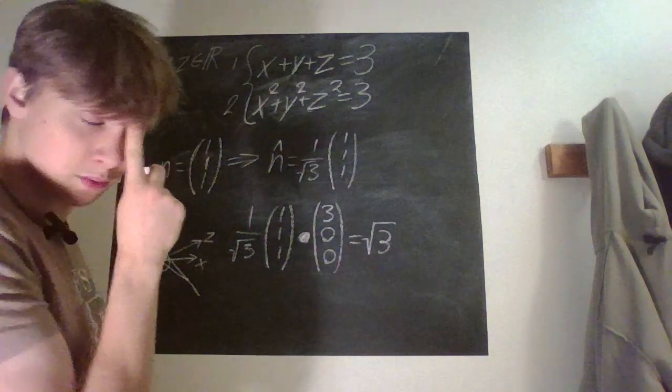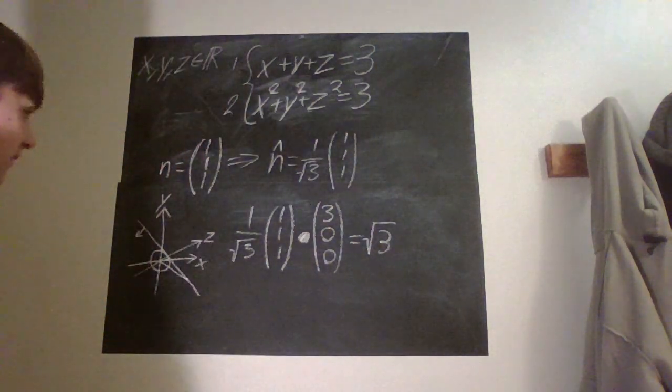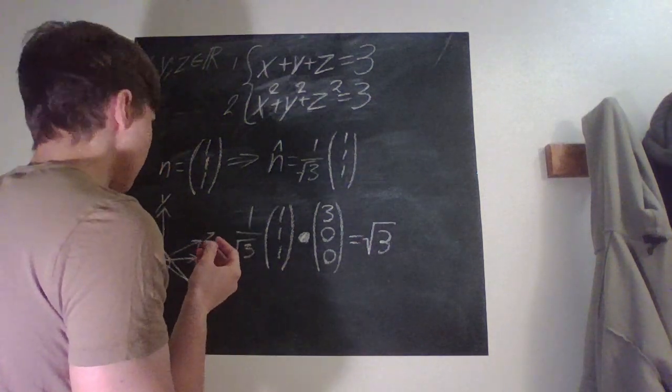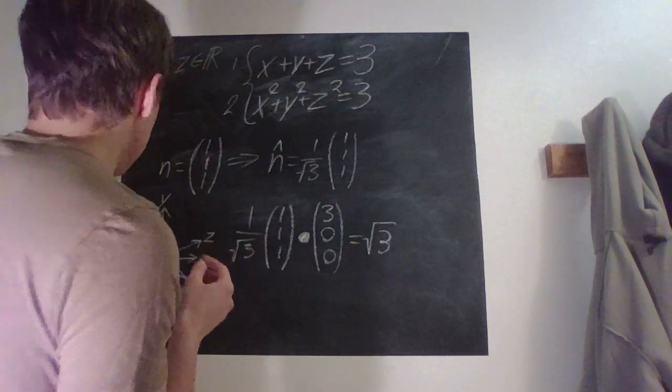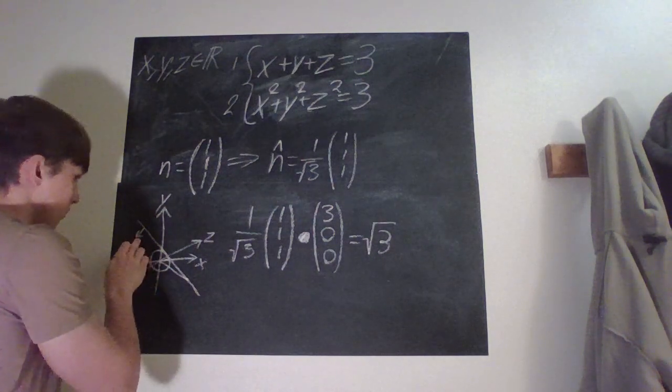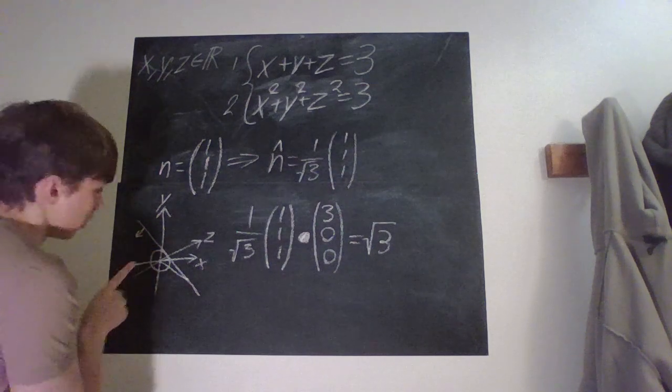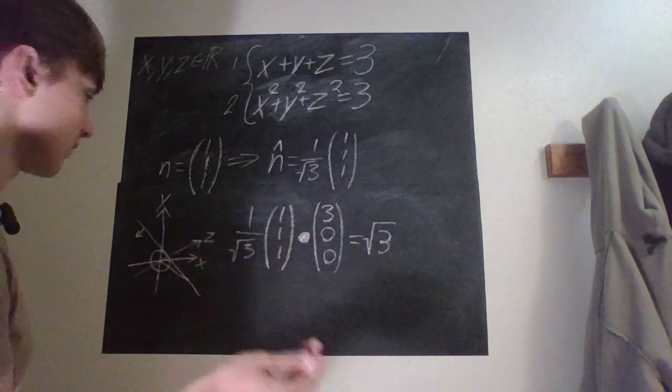And what may that solution be? To find this solution, we just move. Actually, since our normal vector is kind of pointing that way, but it doesn't really matter.